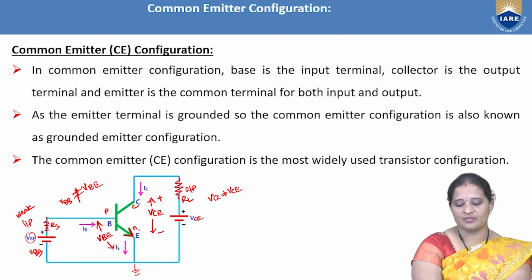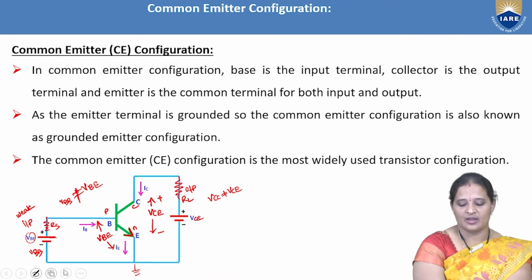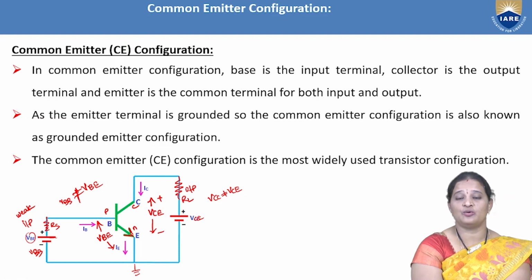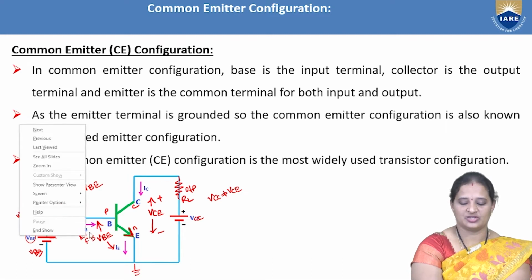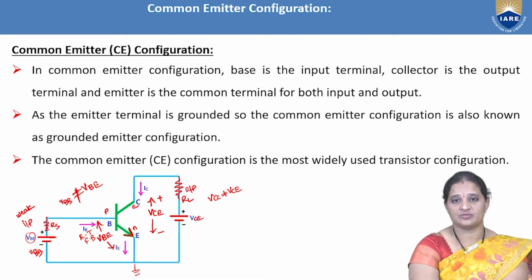In order to forward bias this emitter to base junction, as the base terminal is P-type, the positive terminal of the battery is connected to P-type, and negative terminal of the battery is connected to N-type emitter. So the base to emitter junction is forward biased. Now coming to this supply, collector is of N-type, so we need to reverse bias this.